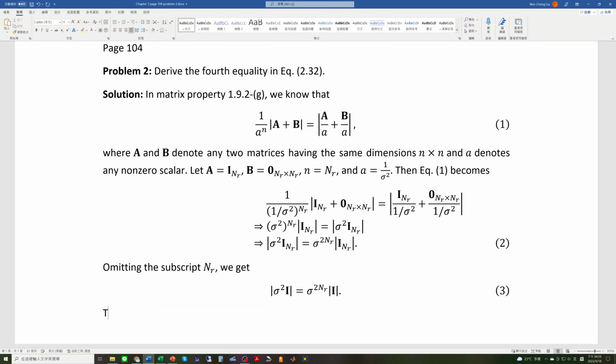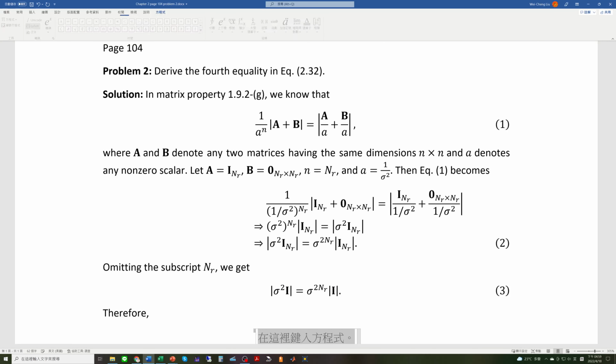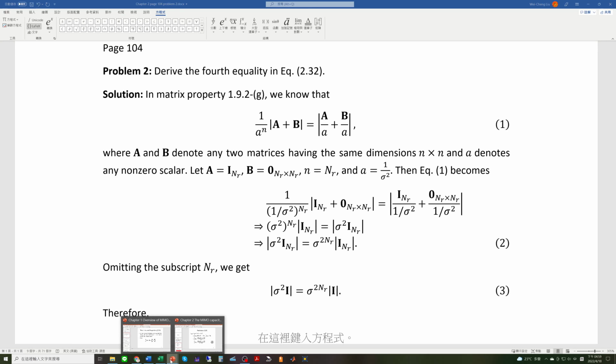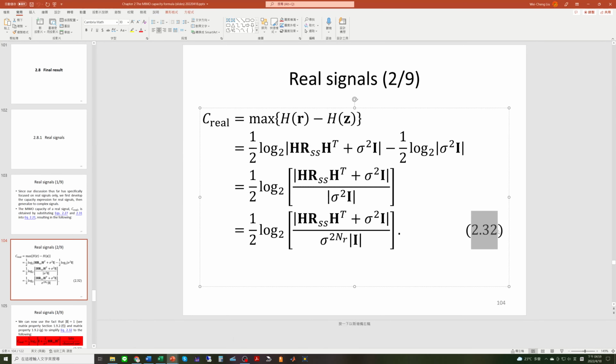Therefore, 1 over 2, that is the third line of equation 2.32.